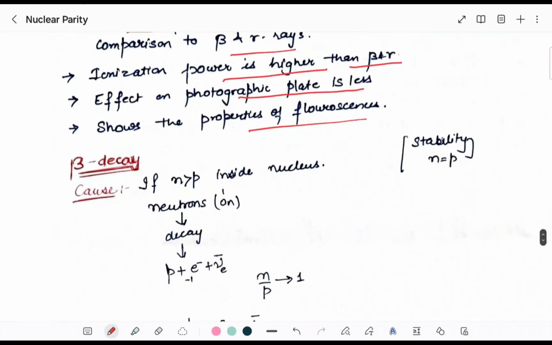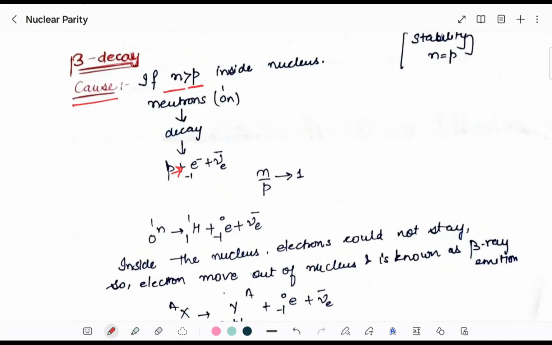Now we will discuss what beta decay is and why it happens. First we will study why it happens. It is because when a nucleus has a number of neutrons greater than the number of protons, the neutron starts decaying and undergoes beta decay. We can understand it in this form. There is a neutron attached to a nucleus. It undergoes beta decay in which it emits an electron, and with the electron it also emits an electron antineutrino.